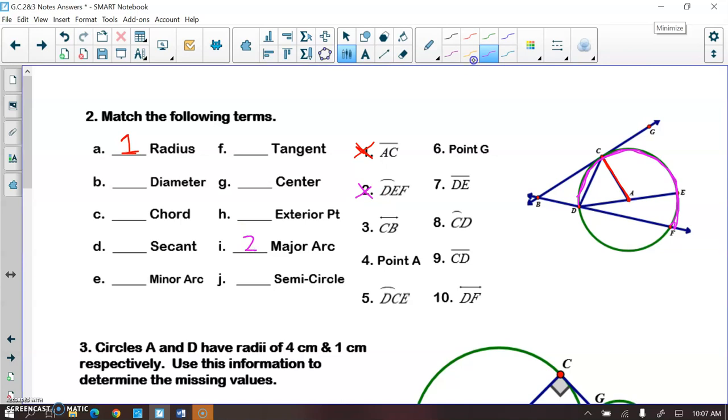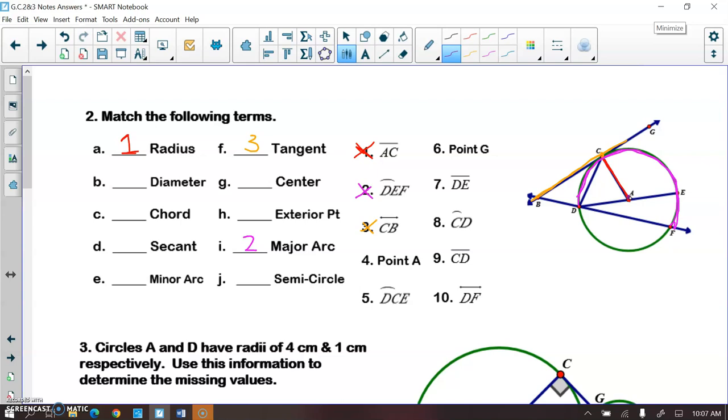Line CB. Line CB is this line here. It intersects your circle once at point C. So that is a tangent line. So 3 corresponds with letter F. Point A. Point A is the center of your circle.